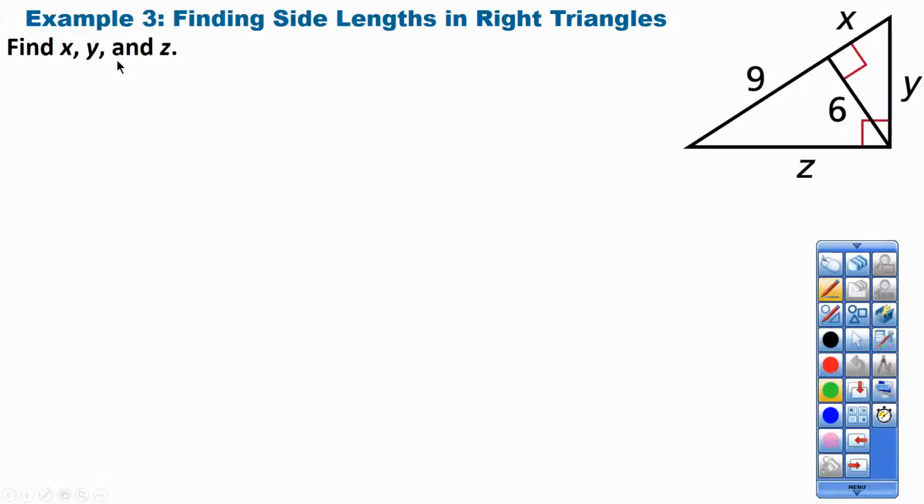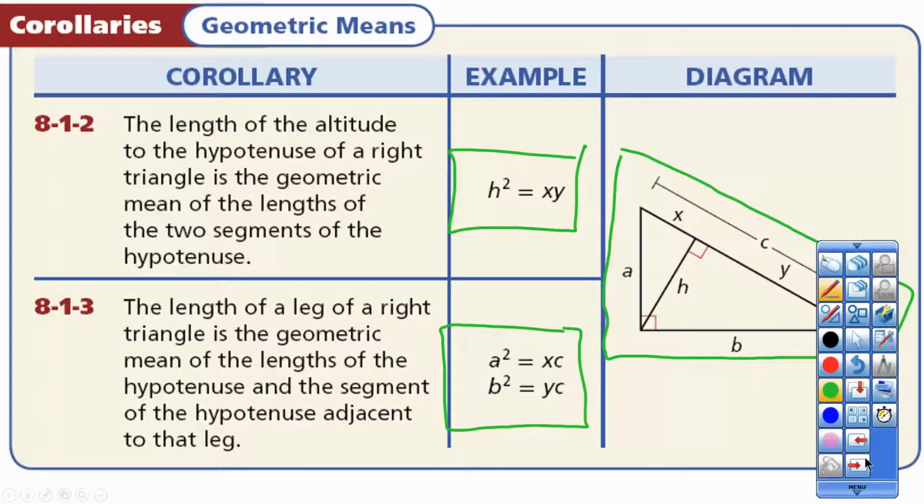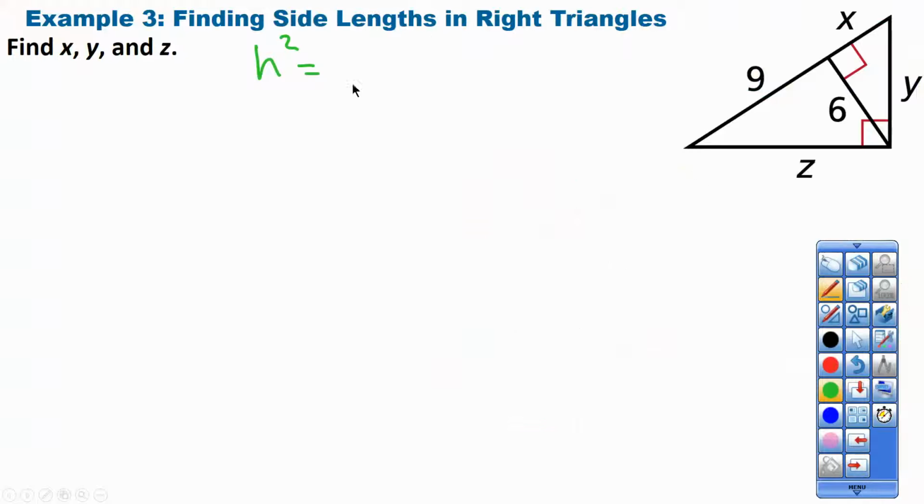So find x, y, and z. Well, first, let's write down what we know. h squared is equal to x times y. Now they've got these labeled weird, right? In x, y, and z.